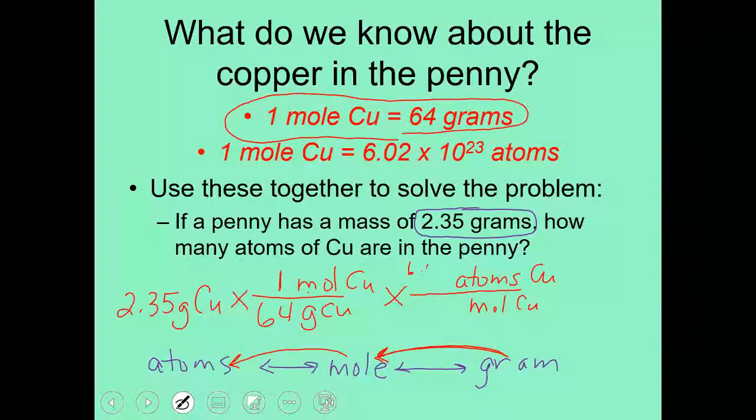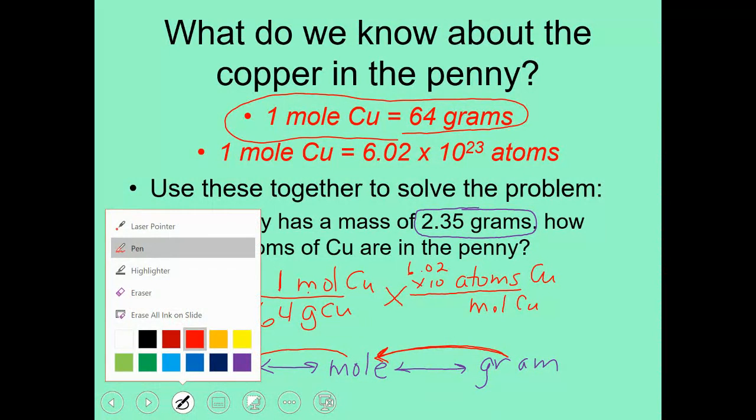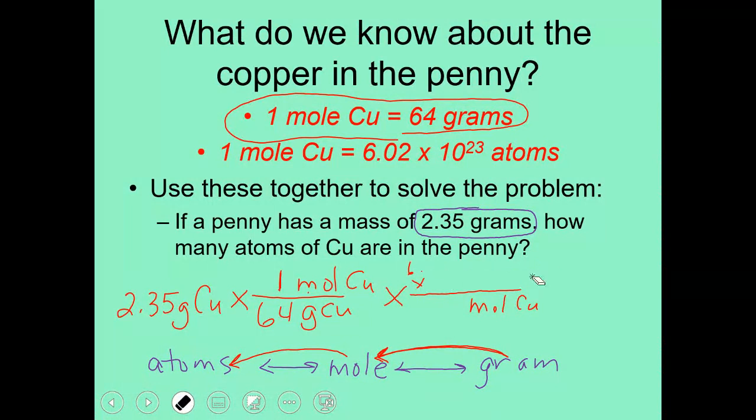We know that it's 6.02 times 10. You know what? I'm going to erase, because I did not leave myself enough room up there. And I even know better. So see, that happens. 6.02 times 10 to the 23rd atoms of copper is the same as a mole.